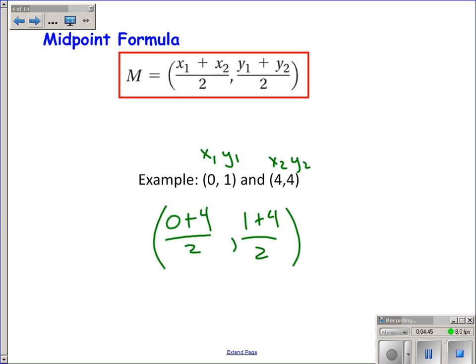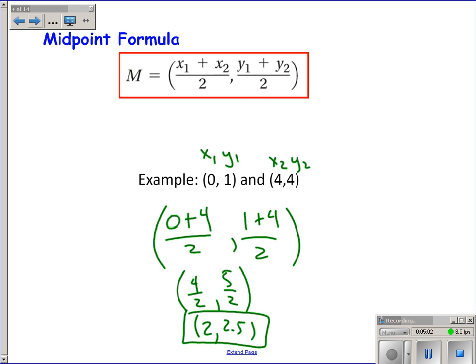So 0 plus 4 is 4 over 2. And 1 plus 4 is 5 over 2. Or simplifying even more, 4 over 2 is 2. And 5 over 2, you can leave it as 5 over 2, or if you prefer decimals, 2.5 with the decimal. Okay, and that's the midpoint, the middle of those two coordinates.